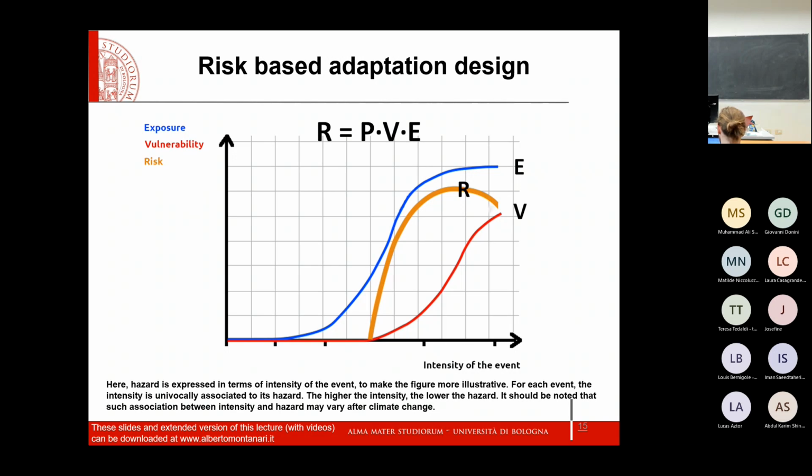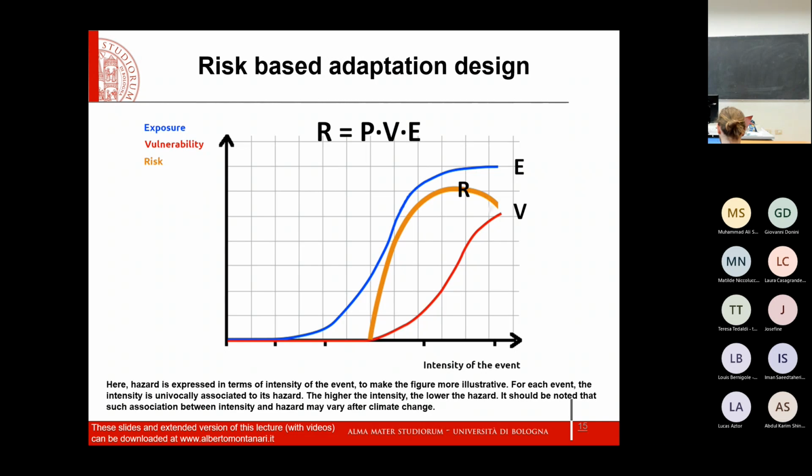So maybe in this case, you want to be protected against the huge impact rather than the highest risk. So you have to understand what is the difference between the risk, which takes into account that probability may be very low, and the actual damage that you experience if an event happens.